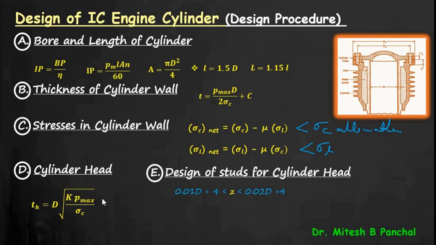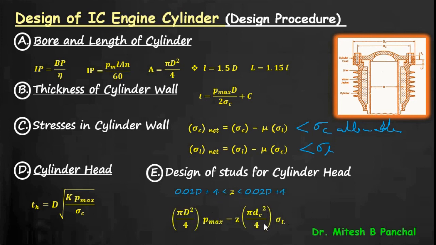Design of studs, there are 3 parameters. First you have to decide the number of studs. So the number of studs should be between this limit, that is 0.01 times D plus 4 to 0.02 times D plus 4. Once the Z is finalized, you can estimate the core diameter, that is dC of the stud.